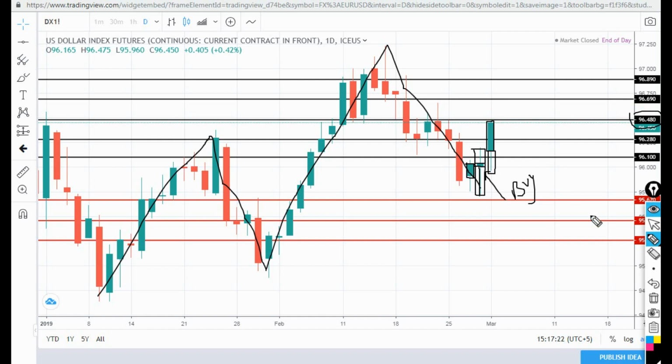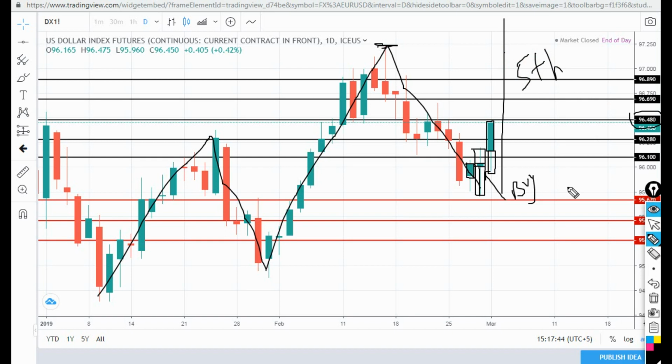Now all we need to learn is that this wave will go up from this point. What type of wave is this? It's your fifth wave. So according to this analysis, we find out that it's really true.